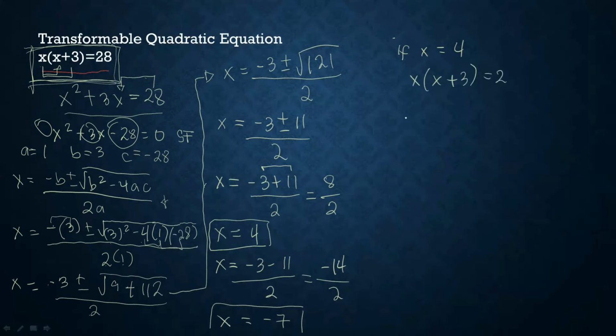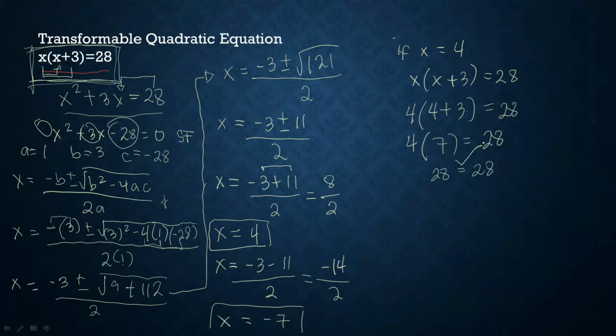Ayan. So, substitute the value of x, which is 4. 4 times the quantity of 4 plus 3 is equal to 28. And then, solve the value inside the parentheses. So, 4 plus 3 is equal to 7. And then, equal siya sa 28. And then, 4 times 7 is 28 is equal to 28. So, therefore, it is correct.